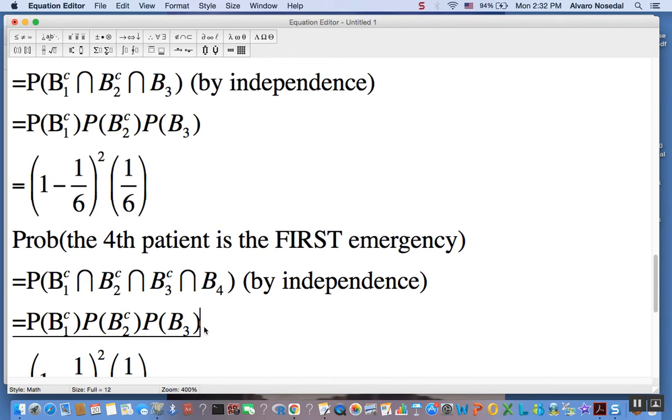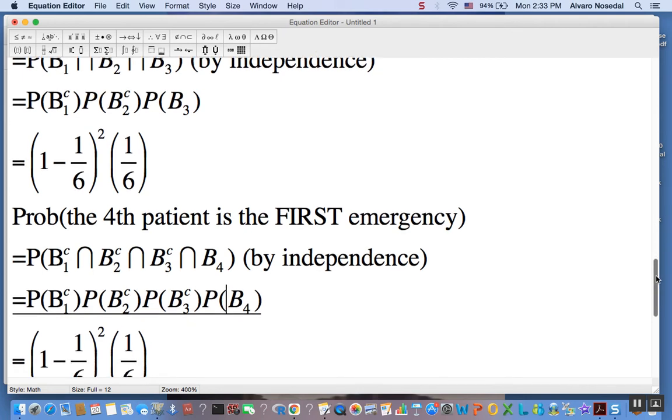Okay, again we use independence, and then what we have is the probability of B4 here. We have to change this. Now this guy is a complement, so we have probability of B1 complement, 1 minus 1 over 6, times 1 minus 1 over 6, times 1 minus 1 over 6, times 1 over 6.